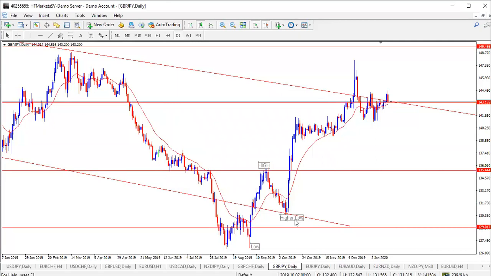And then after a higher low has been created, what next did we see? We saw that the market went up to create another high, which is higher than the former high. So what does that mean?